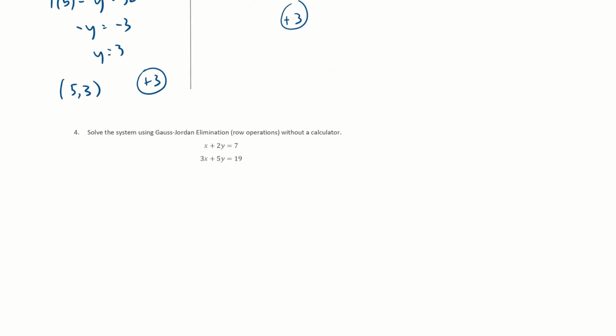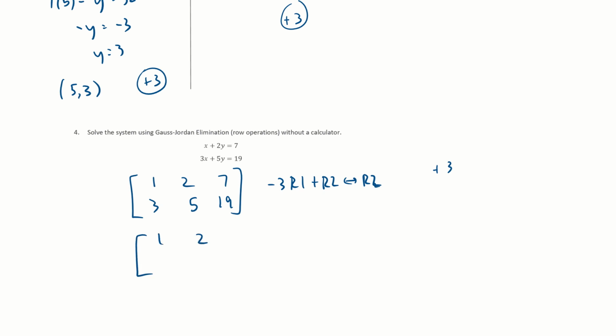Okay, solve using row operations. I also believe I made this one worth 3. So it was 1, 2, 7, 3, 5, 19. I'm going to do negative 3 row 1 plus row 2 and switch it with row 2. So I'm going to go 1, 2, 7.